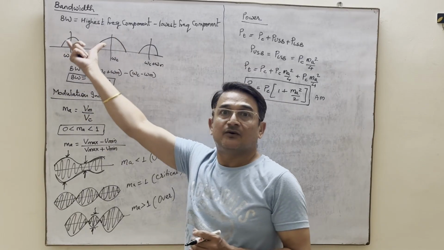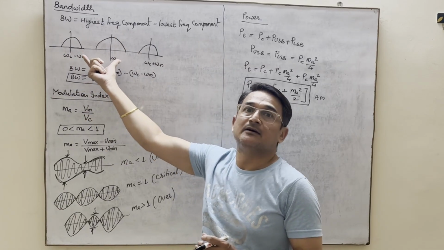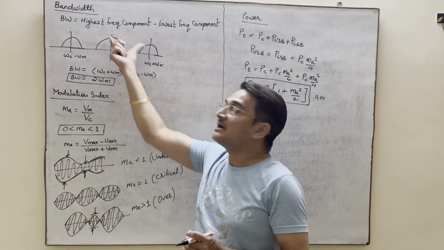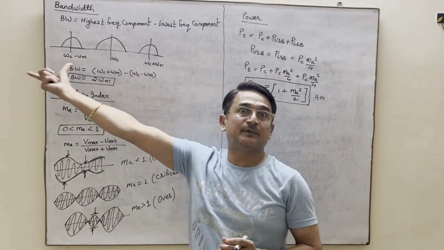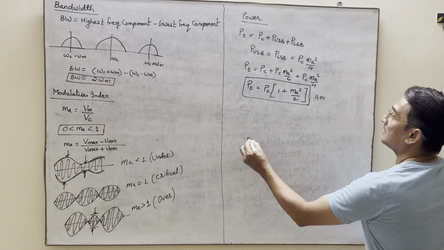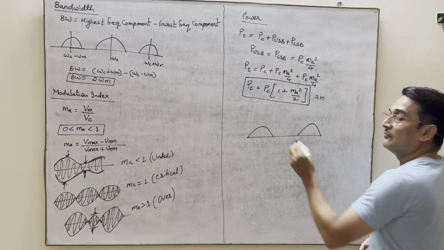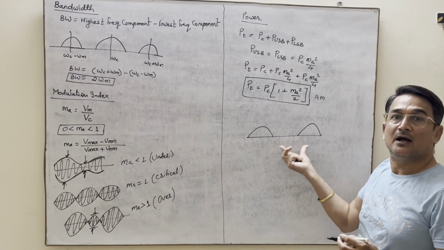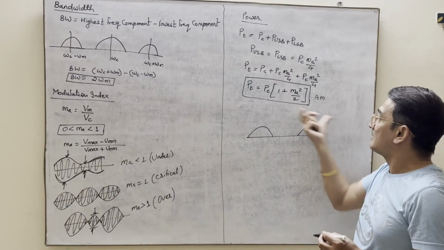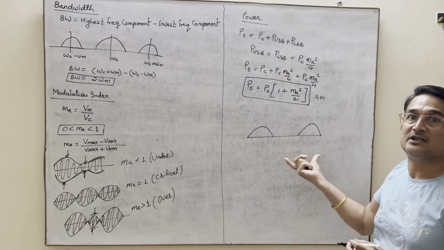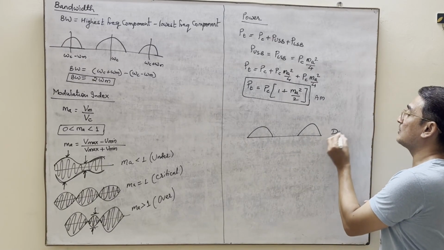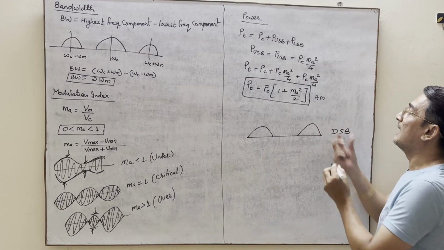This carrier we don't need. So that means we can eliminate this part and we can only transmit the two signals like this. We need to eliminate the carrier. So this phenomenon or this concept is basically known as double sideband.